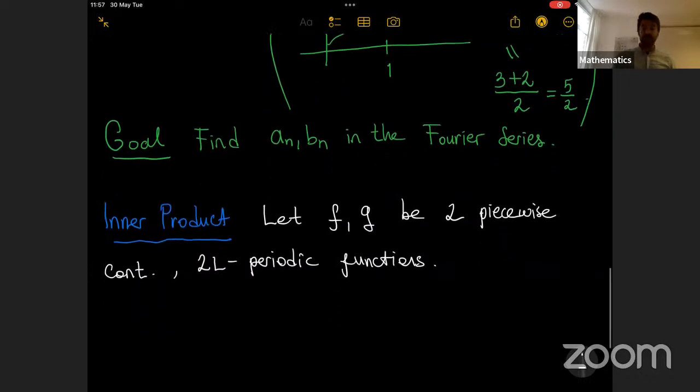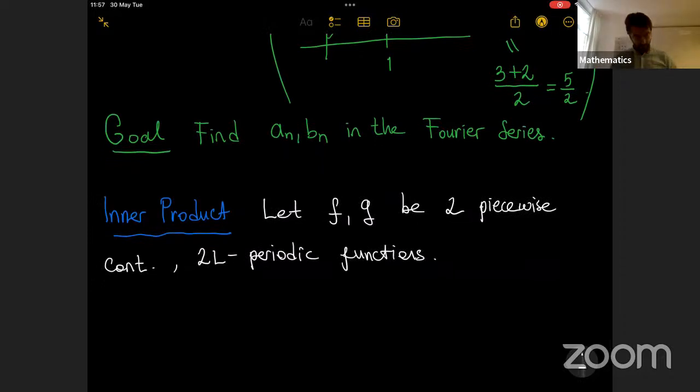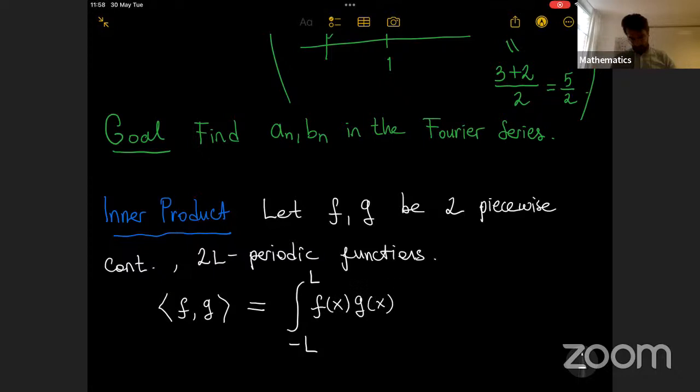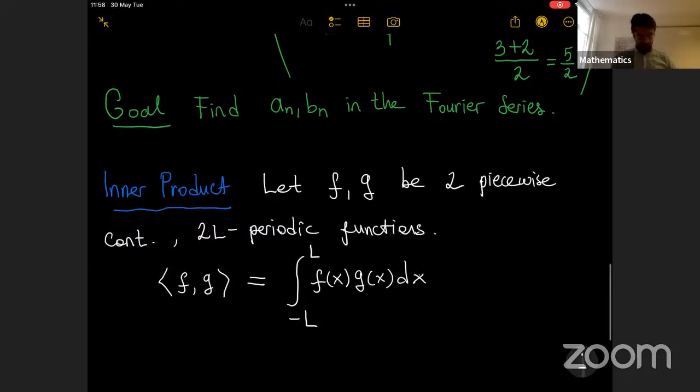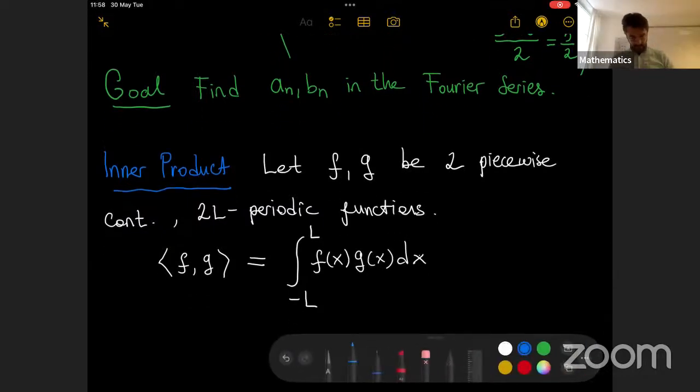And we define the inner product by the following formula: f comma g. This is the inner product of f with g. It's equal to the integral from minus L to L, f of x, g of x, dx. Okay, so this is the inner product.